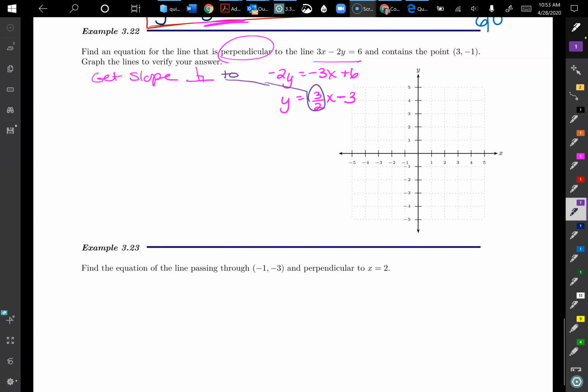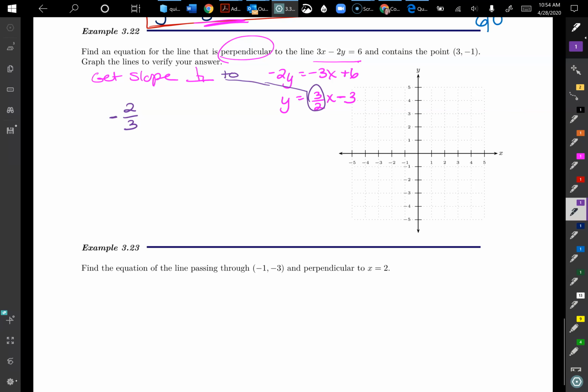Okay, so I figured out the slope is 3/2. So I need the slope perpendicular to that 3/2. I'm going to just flip it around and make it negative. So it'd be -2/3, similar to what we had before.